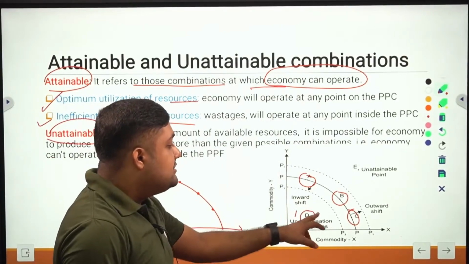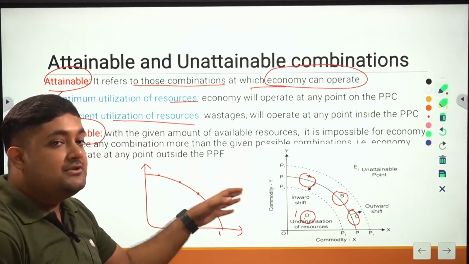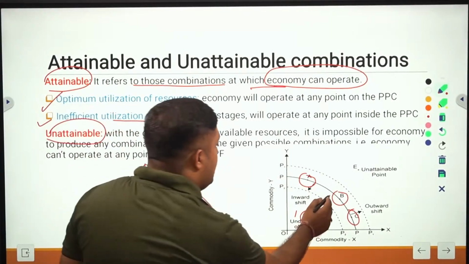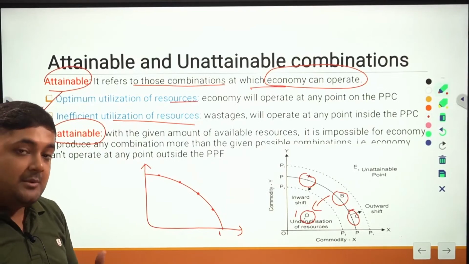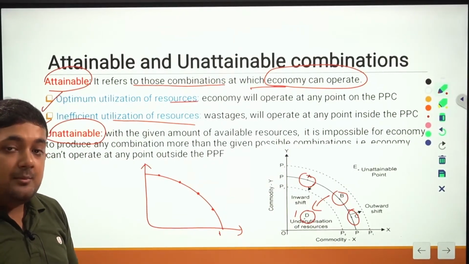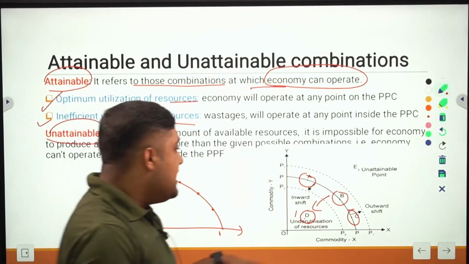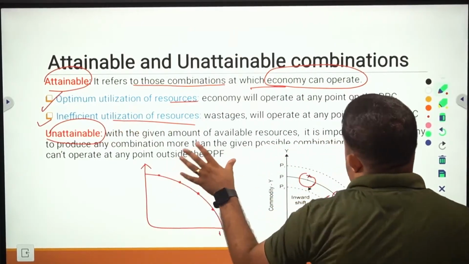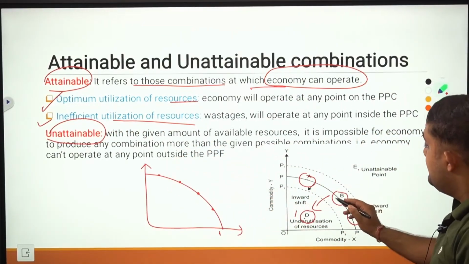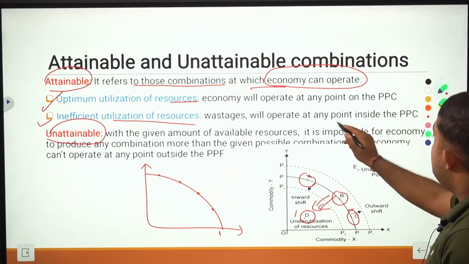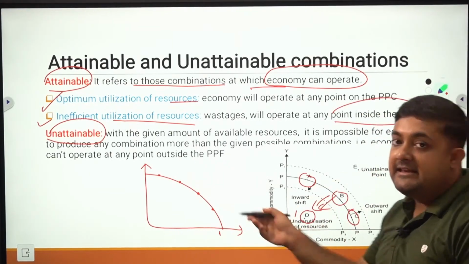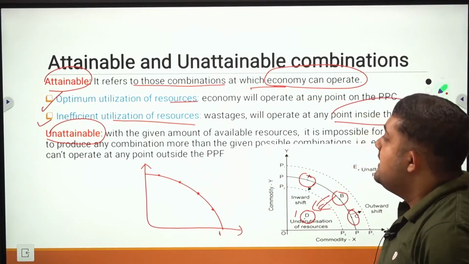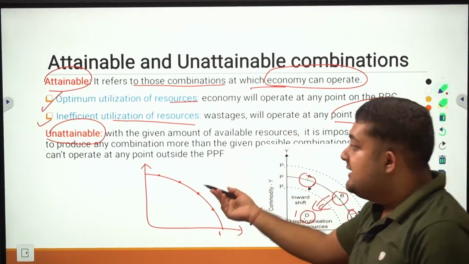So underutilization of resources or inefficient utilization of resources ketia hoy jetia amar economy underutilization করে resources, jetia amar underutilization hoy, misuse hoy বা wastage hoy ঠিক আছে, তেতিয়া আমাৰ PPC inefficient হয়. It happens at any point inside the PPC, ঠিক আছে. It will operate at any point inside the PPC. So this is attainable. Unattainable কি হয়?